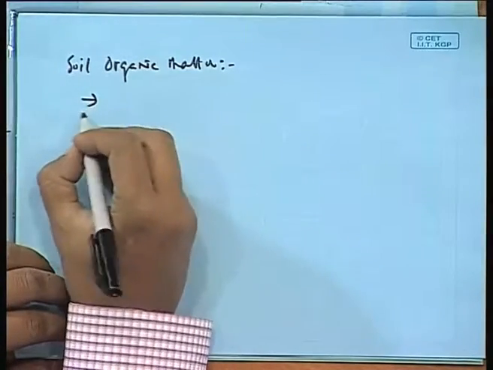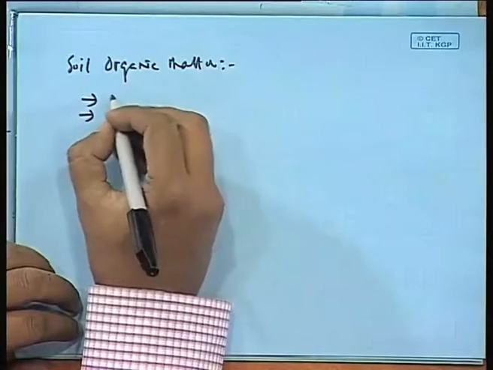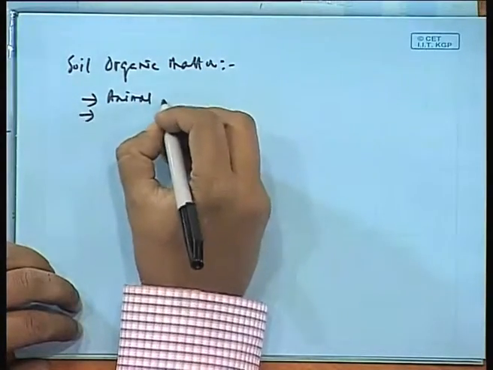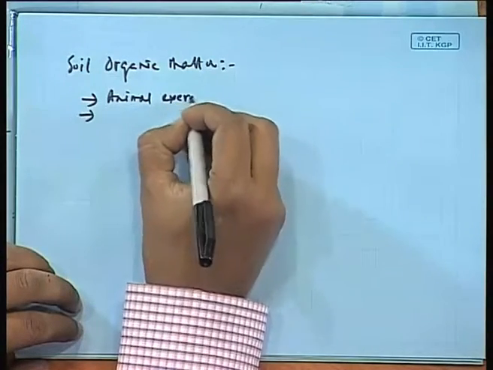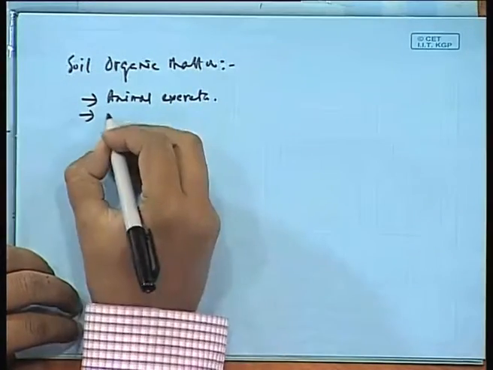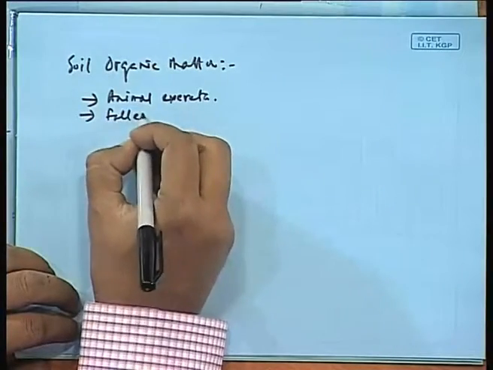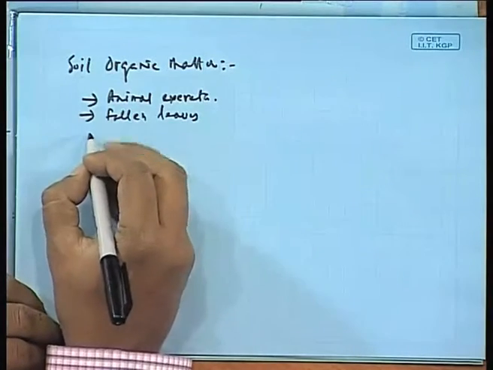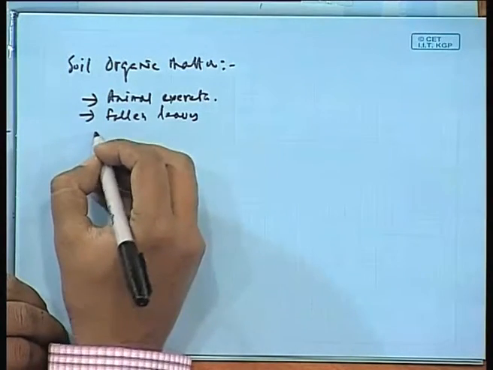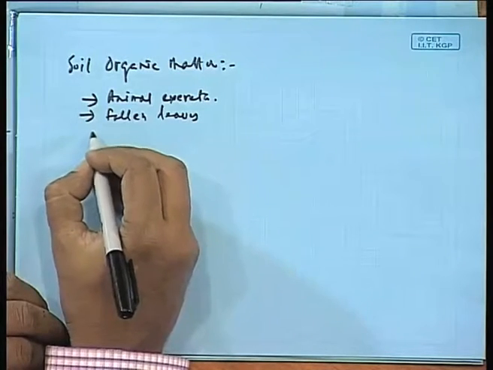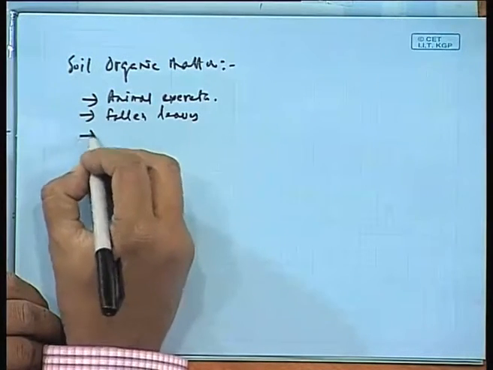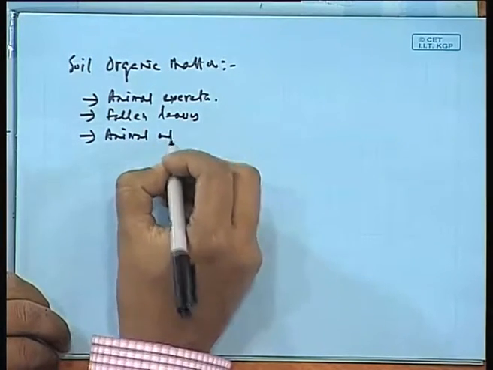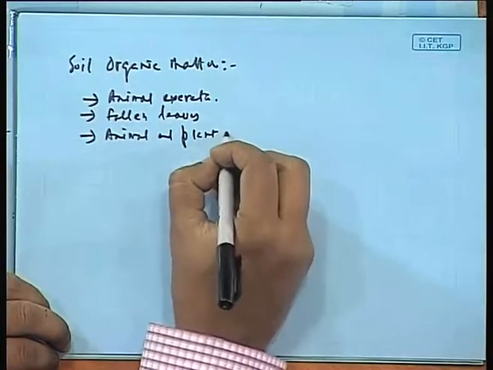This is particularly composed of animal excreta, fallen leaves, then there's particularly the remains, animal and plant remains.